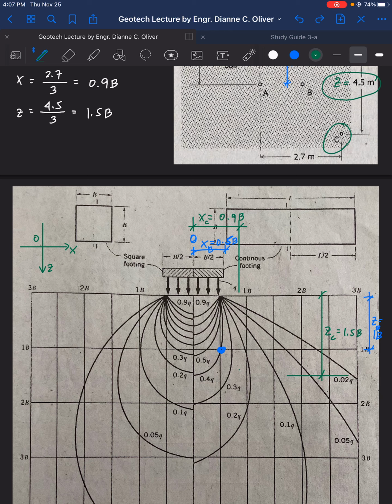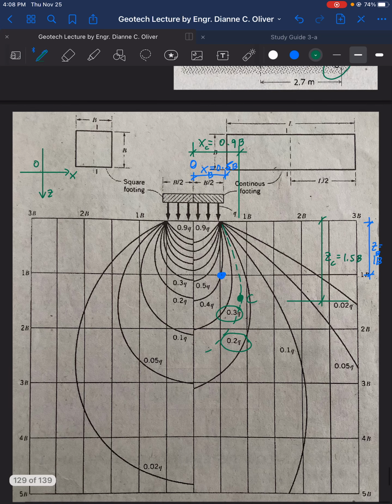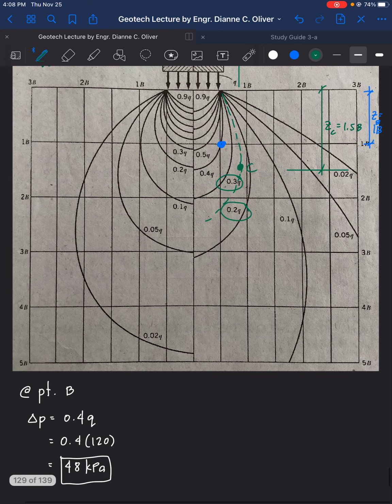So we need to find here what formula. So we can always approximate. The point C is located between point 3Q and point 2Q.